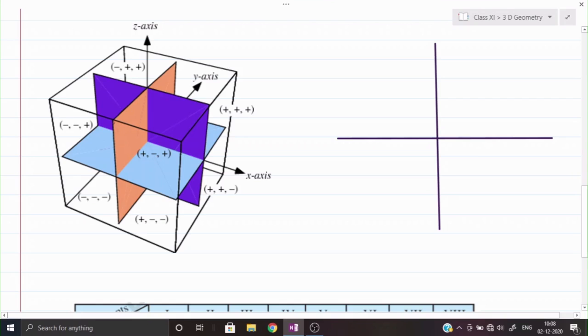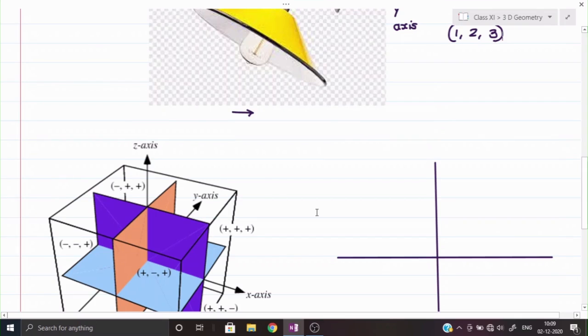If we talk about this particular box, this box is one of the parts, and this particular part is called one octant. Why is it called an octant? Because here it is divided into 8 equal parts.